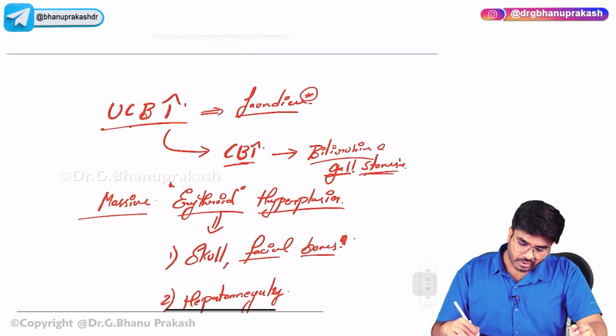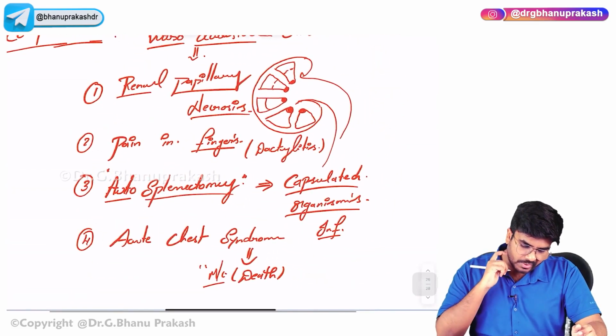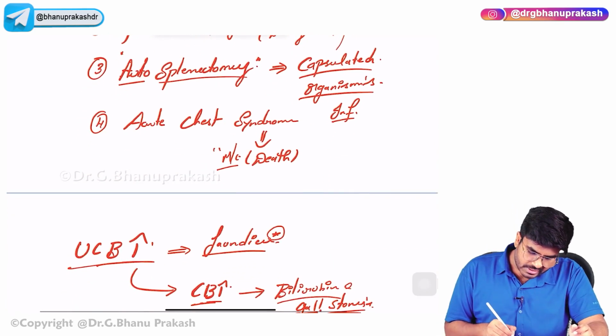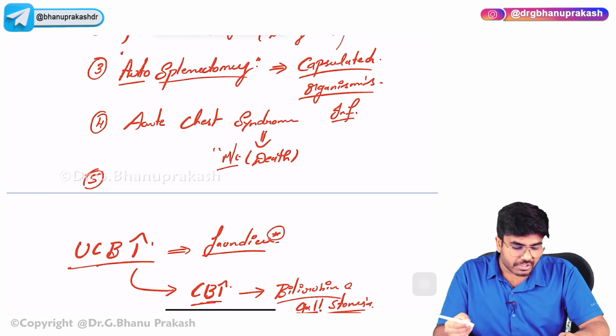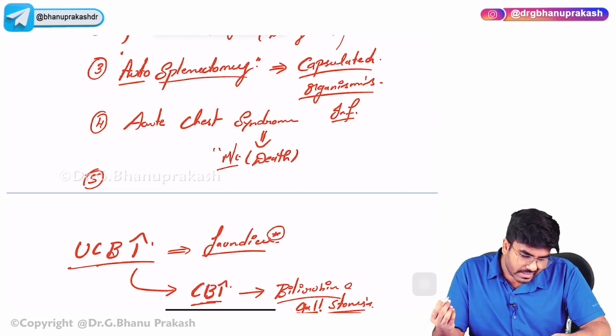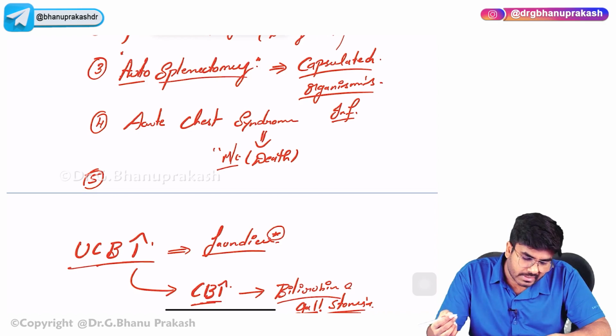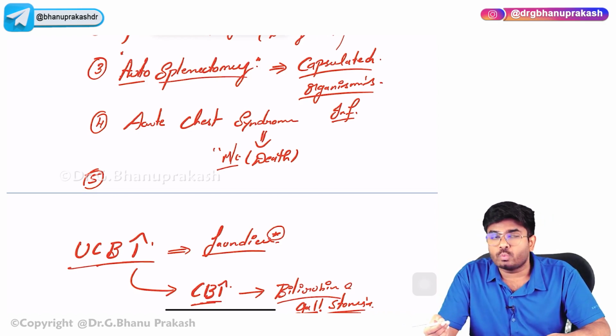Now one point which I have forgotten is, these patients have complications such as renal papillary necrosis, dactylitis, autosplenectomy, acute chest syndrome. These patients are also at risk of getting osteomyelitis. What is the most common cause of osteomyelitis in these patients? Salmonella.